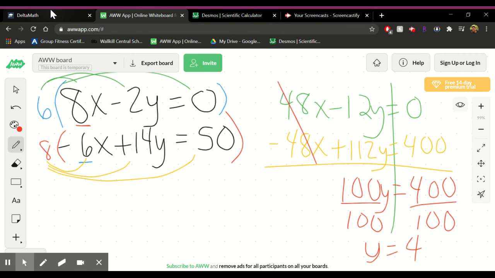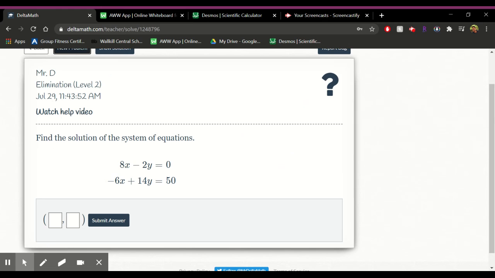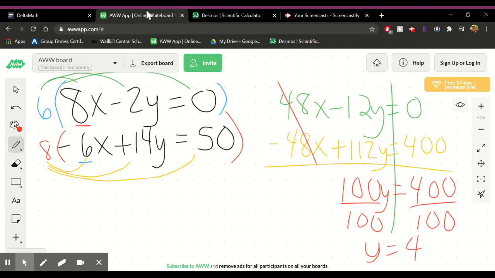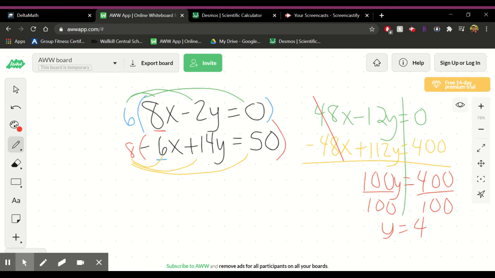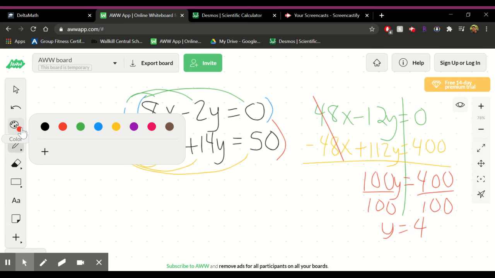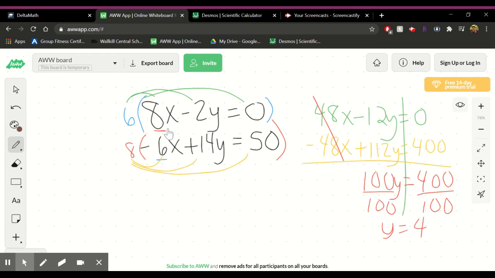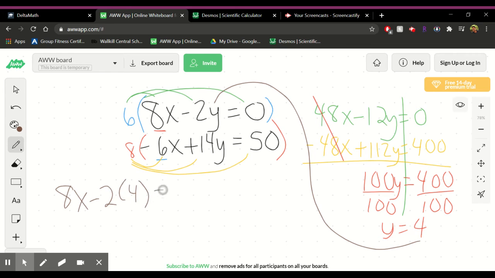Plugging it back in. So my y is 4. All right, now I've got to find my x. I'm going to plug y into the top equation. So you have 8x minus 2 times 4 is 0.